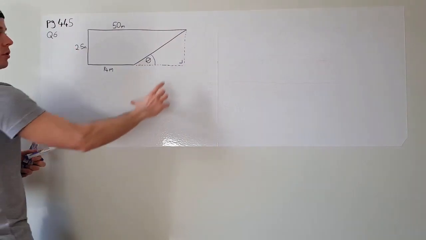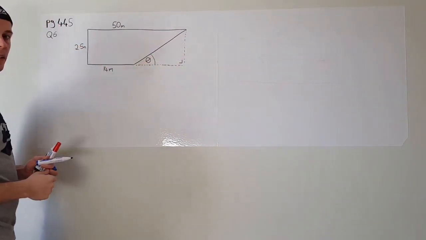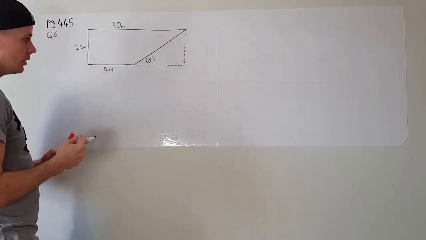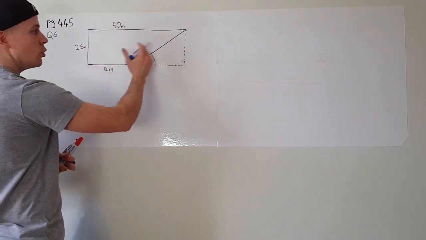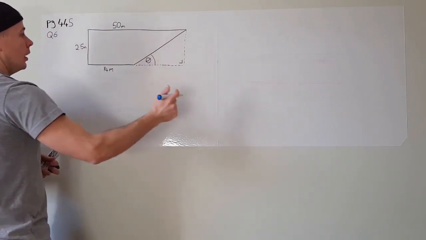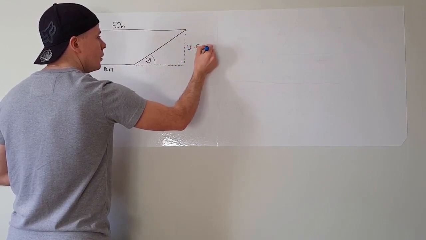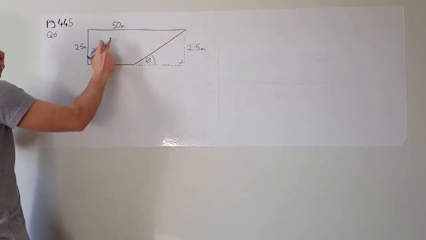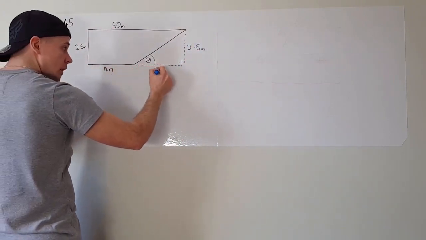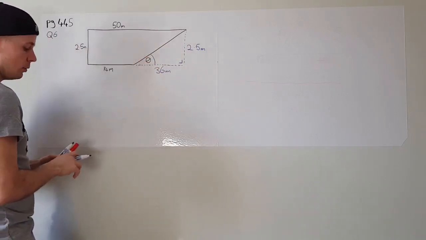And we're going to use the fact that we know these two sides to work out the angle theta in this case. Hopefully you can distinguish between the blue and the black here on the screen. So 2.5 meters here, and we're going to get 36 meters here, and then that's the angle theta that we're trying to find.